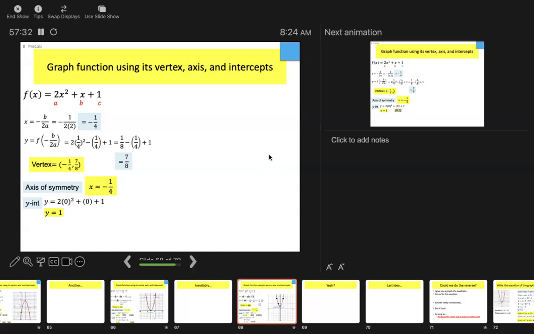That's going to give me -3, that doesn't add to 1. Is there any other possible combination? Well, maybe these are negative as well, because -1 times -2 is +2. Okay, how about now? We still don't get to 1. So have we exhausted all the possibilities? So we've decided it's not factorable.